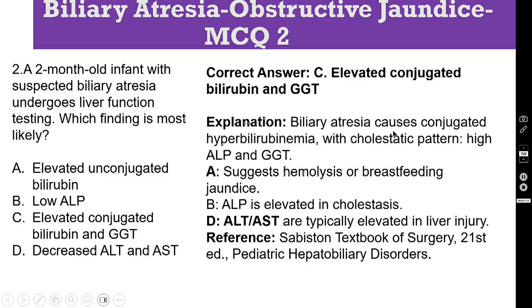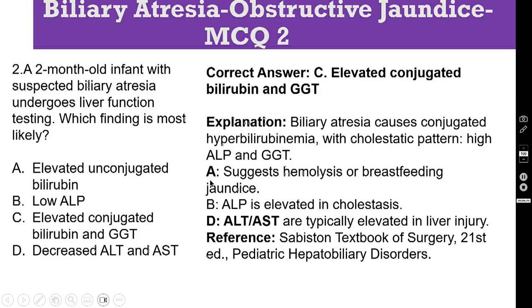Explanation: biliary atresia causes conjugated hyperbilirubinemia with a cholestatic pattern, that is high ALP and GGT. Both will be elevated. If only ALP is elevated and GGT is not, probably it is because of some other cause apart from hepatobiliary, probably a bone pathology, or even in a pediatric patient ALP will normally be increased.